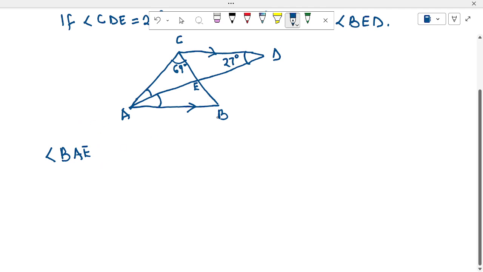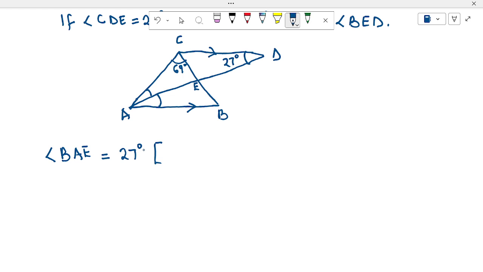Angle BAE, that is this angle, we know is equal to 27 degrees. Reason: when answering questions in geometry, you must give your reasons. Angle BAE, that is this angle, is equal to 27 degrees.